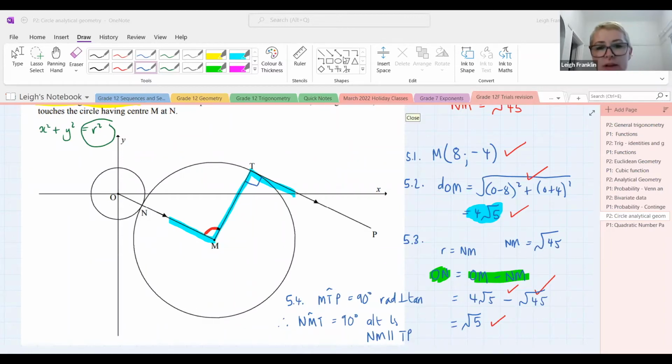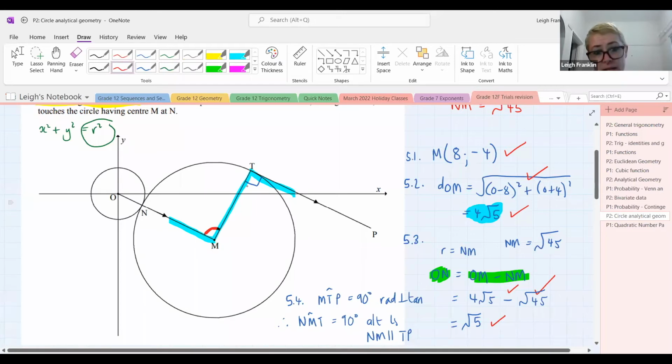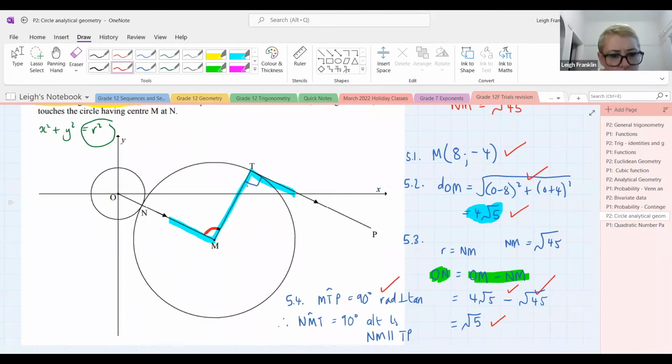All right, if you want to do it by angle of inclination, I suppose you could, but then you would have to do constructions, and we shouldn't really be needing to do constructions. So there would be 1 mark for that, and then 1 mark for that.